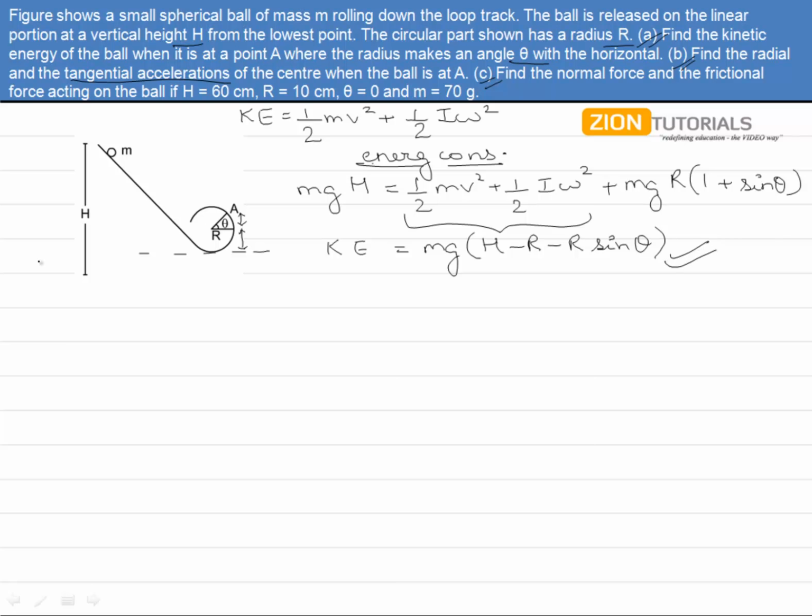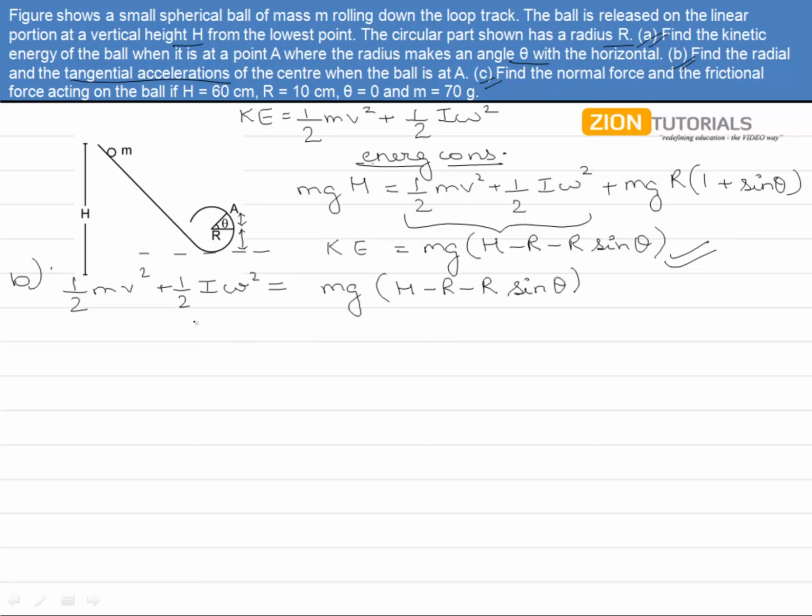Further, let us proceed to find the acceleration components. We can write half mv squared plus half I omega squared equals mg into h minus r minus r sine theta.